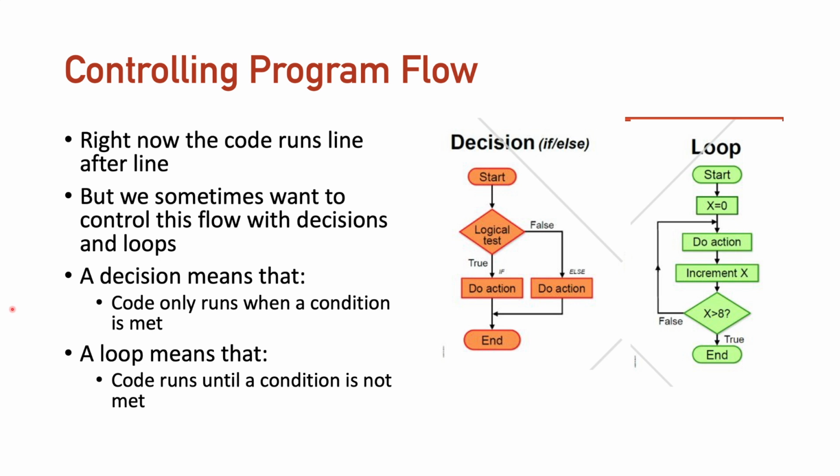If the value is greater than a certain value, make the cell red. If it's higher, make it green. Same idea. If something, then do something else. So that's our decision. We then have a loop. So a loop means that code runs until a condition isn't met, which is a bit confusing. So essentially, we're asking it constantly, is this value greater than or less than or equal to something else? If it's not, run the code again, etc.